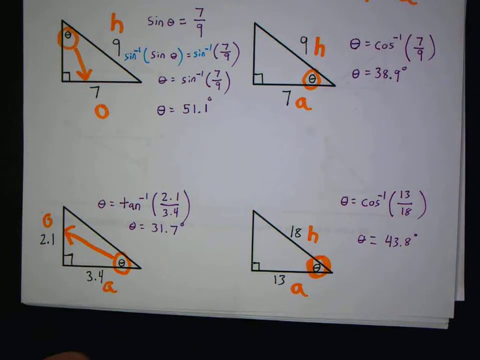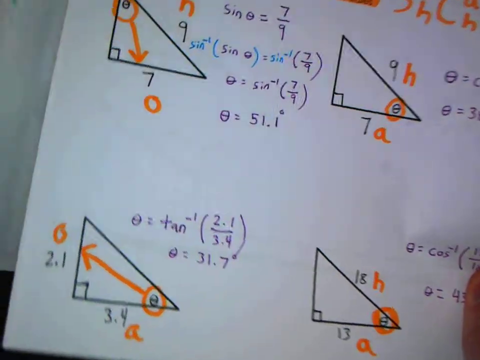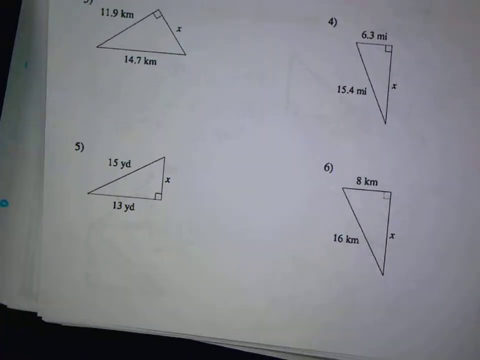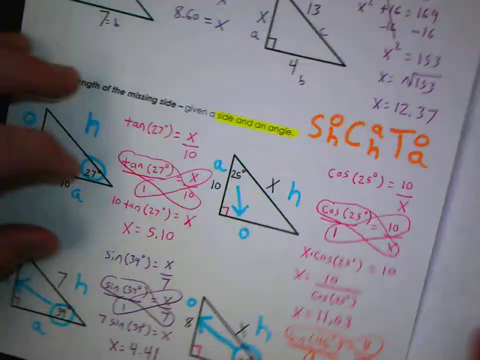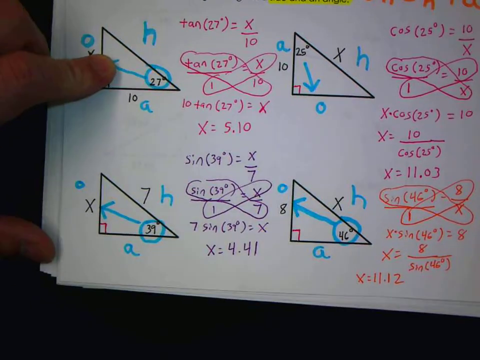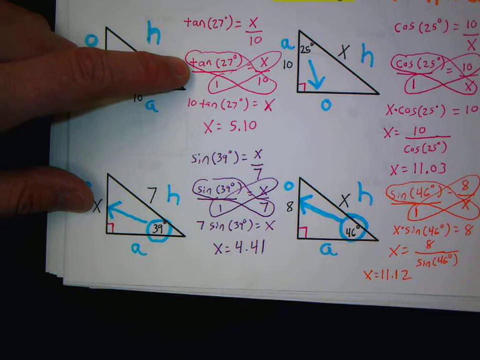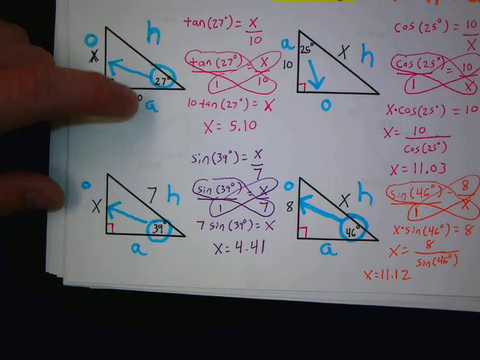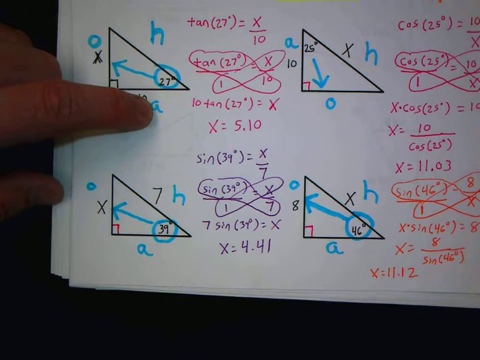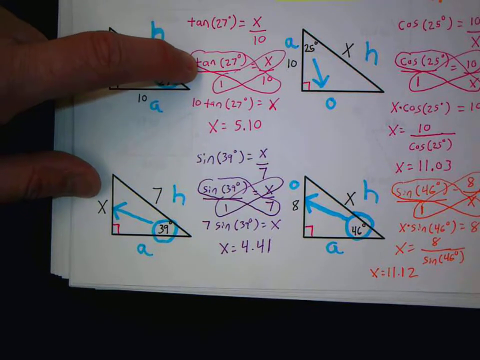So when you're trying to find a missing angle, what do you do? When you're trying to find a missing length, it's a little bit different. When you're given an angle and a side, and this is where you cross multiply and stuff, you don't use the inverse function.